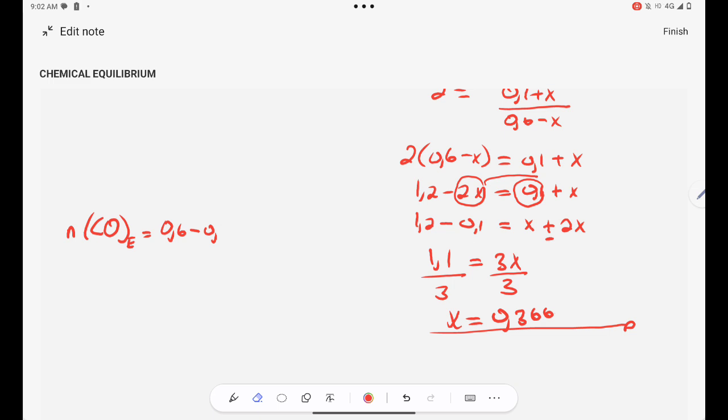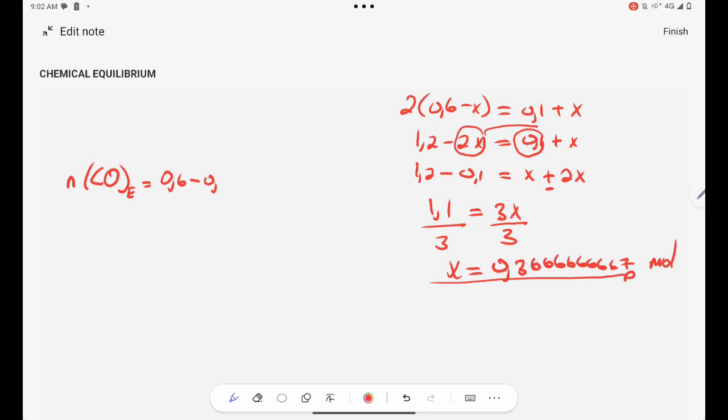You'll round off your answer at the end. So the value of x is just 0.36666667. So over here, I'll simply say 0.6 minus 0.36667.